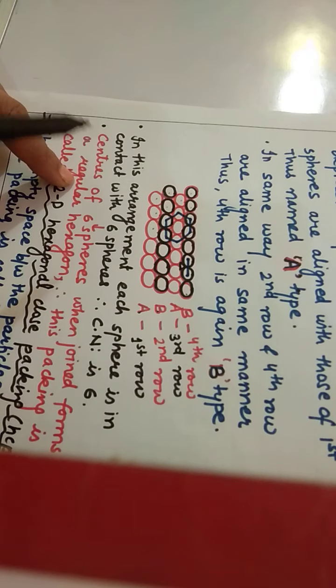This empty space is the void, or the depressions are the void. In SCP, one row is arranged just above the other, and in HCP, one row is arranged above the other in such a manner that they fill the depressions. SCP is of AA type and HCP is of AB type.